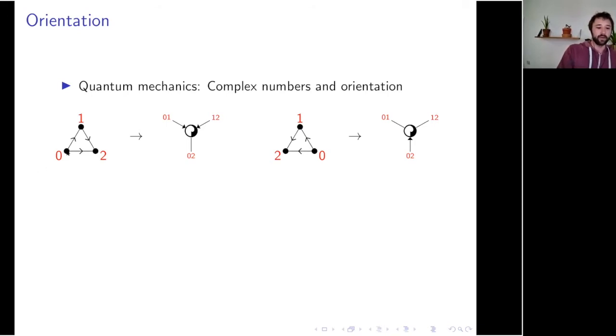By noticing that if we have an orientation, then for each edge of a triangle, we can say whether it's oriented clockwise or counterclockwise. And this allows us to distinguish between clockwise triangles, where two edges are oriented clockwise, and counterclockwise triangles where two edges are oriented counterclockwise.